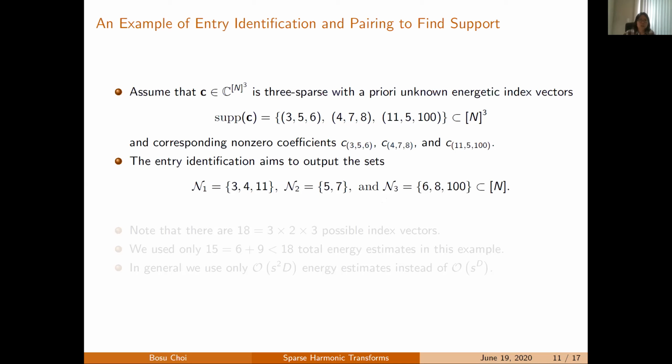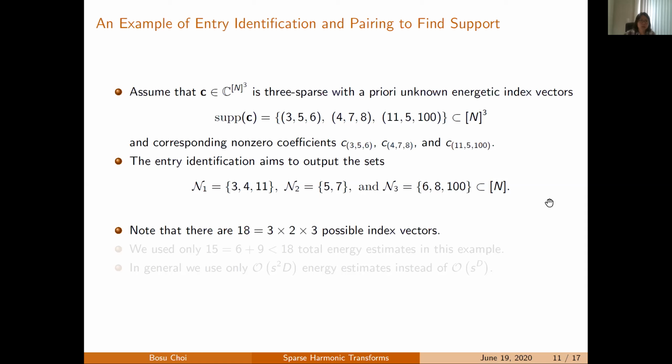Then we can see that the support of C belongs to the Cartesian product of n1, n2, and n3. So we have 3 times 2 times 3, so 18 possible index vectors to find these 3 index vectors.